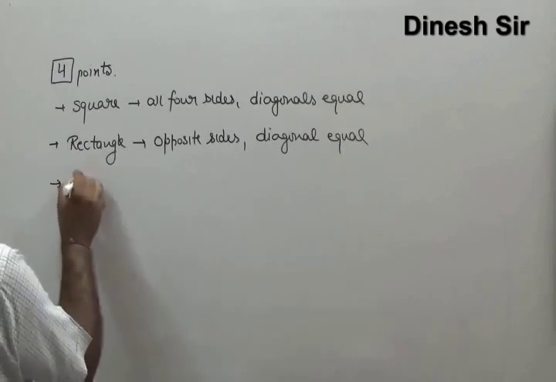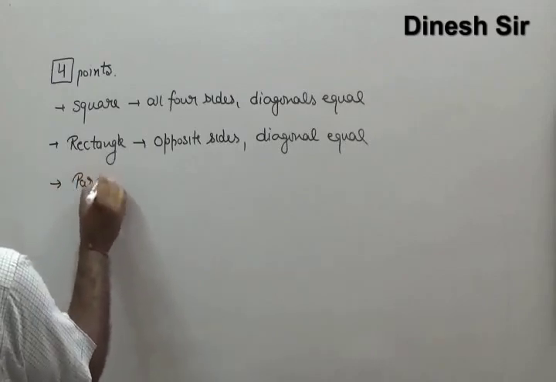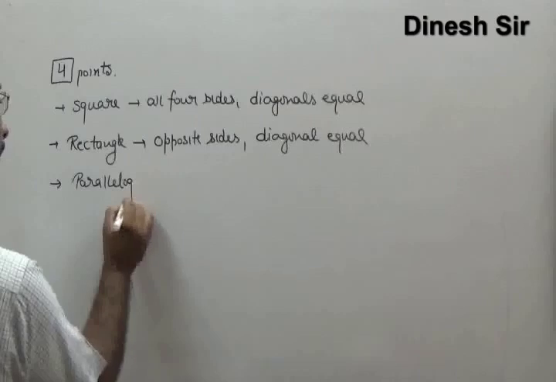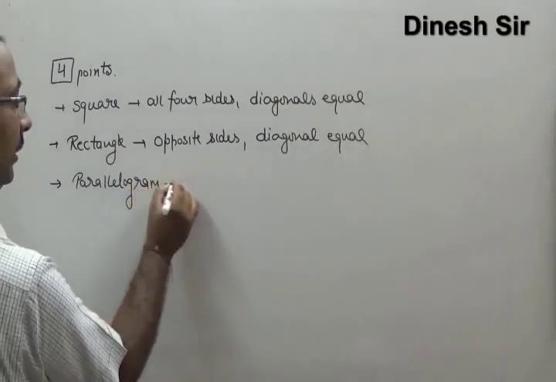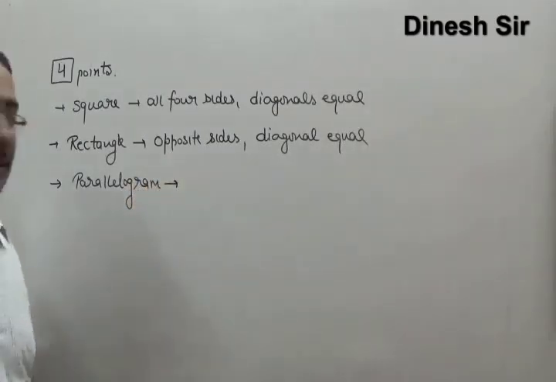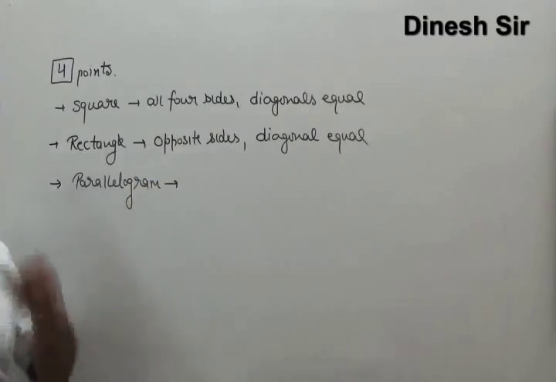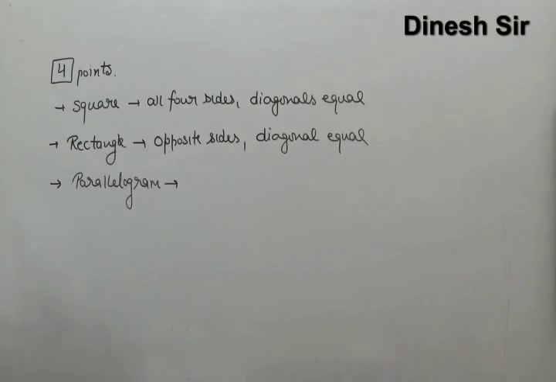Similarly, if you want to prove your figure to be a parallelogram, in that case also you try to prove opposite sides are equal, and diagonals may be equal or unequal. In both cases it becomes a parallelogram, because in a parallelogram opposite sides are equal and parallel. That is true in the case of a square as well as a rectangle. So generally you may be asked to prove whether it is a square or a rectangle.